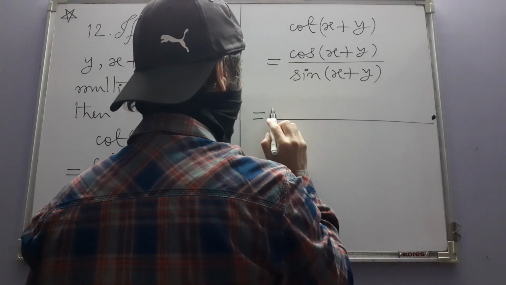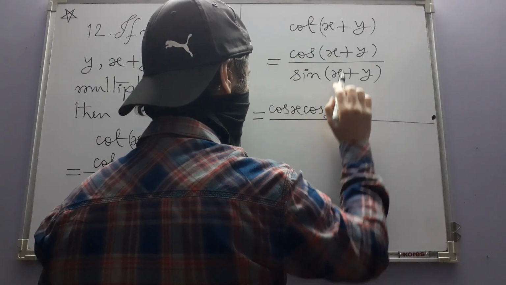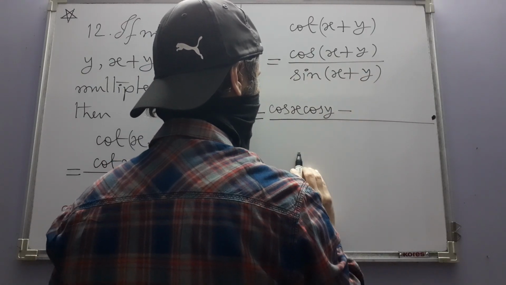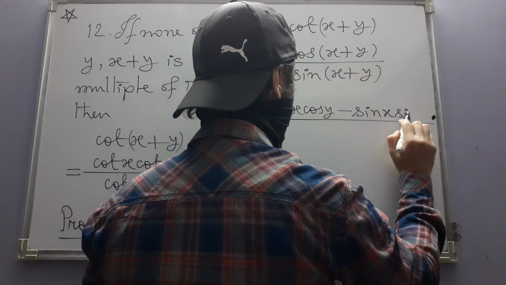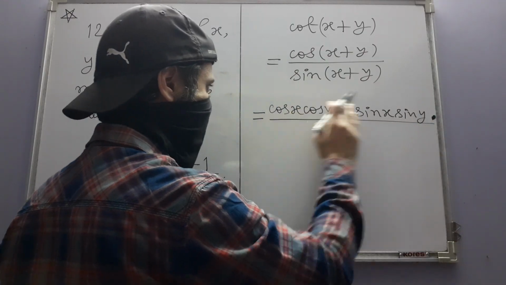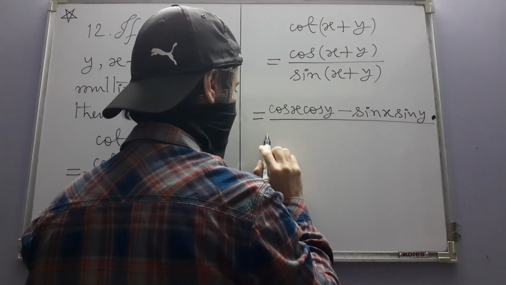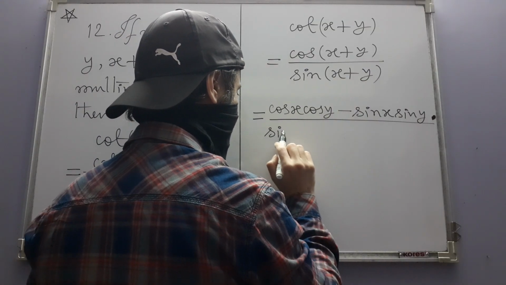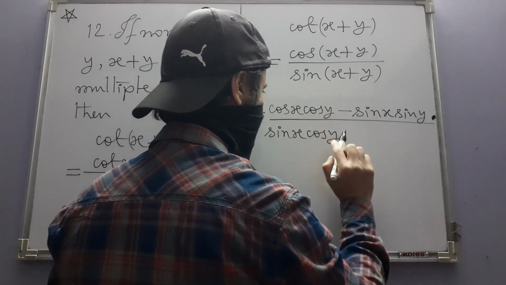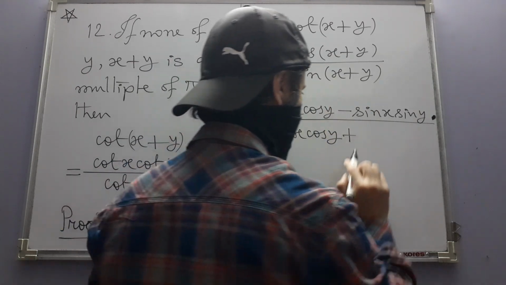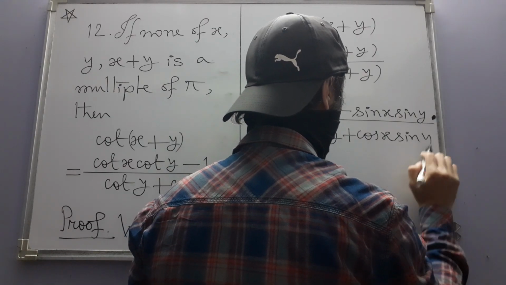That means that the numerator is cos x cos y. We have plus here, so you will have minus, sin x sin y. Like terms, but now mixed terms for sin x plus y. Like this, sin x cos y. Sign doesn't change, plus is still plus, cos x sin y.